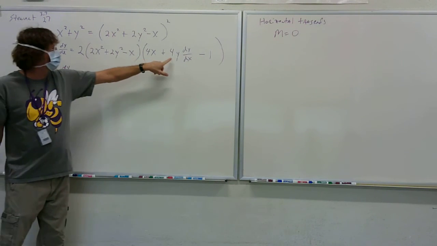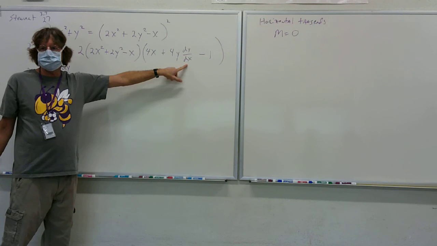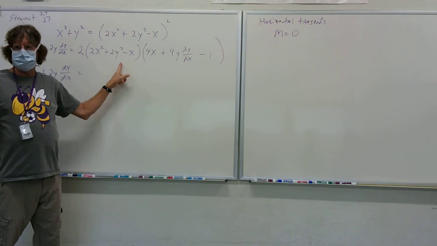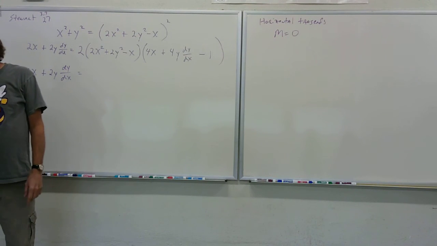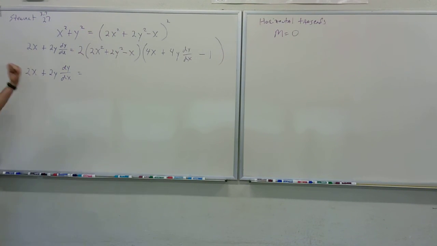And then I'm going to take the 4y dy over dx by itself and multiply by that. So it can all factor out? Yeah, that's what I'm trying to do. So you're trying to get the dy over dx on the... okay. Yeah, I got to get it all by itself. It's got to come out here and be over here by itself.